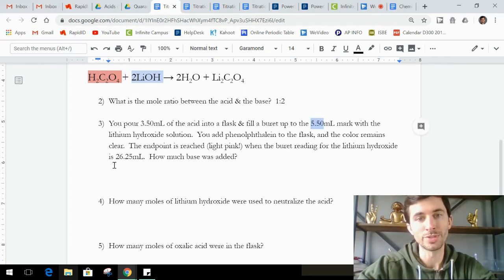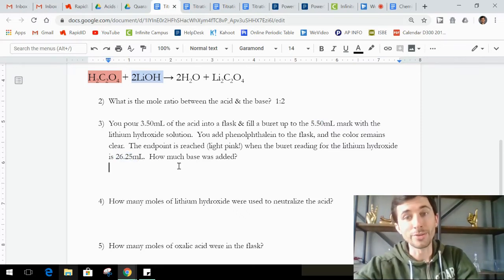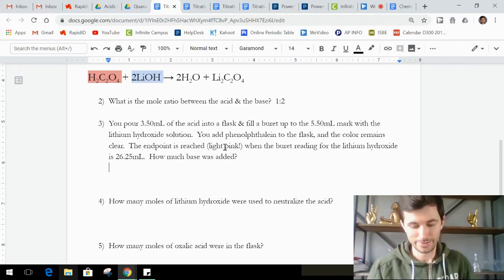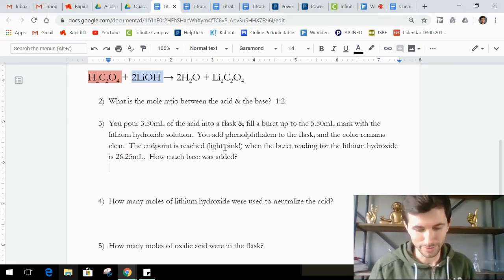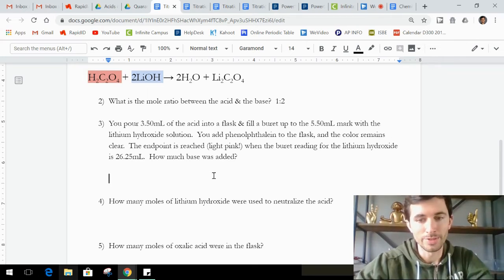And when you're done doing the titration, you're at the 26.25 milliliter mark. So you don't add those two, you're going to actually subtract those two. So we're going to do 26.25 minus 5.50. And I'm going to get 20.75 milliliters of LiOH.